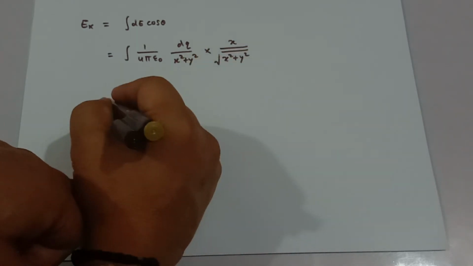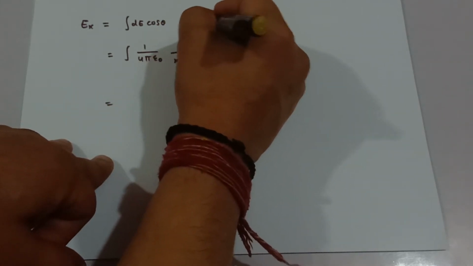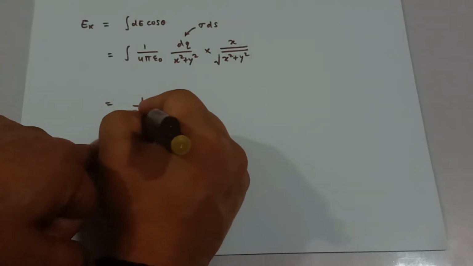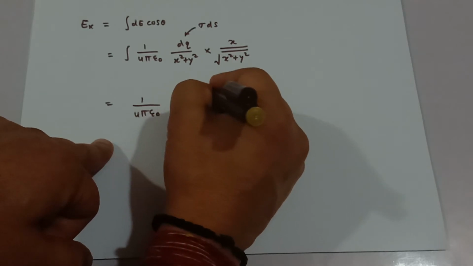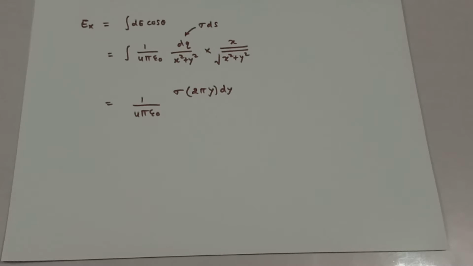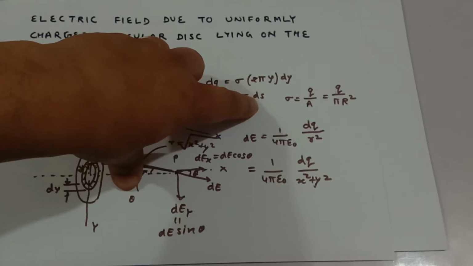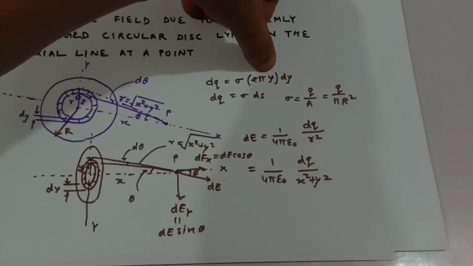So that would become, you can write this dq as sigma into ds, right? So that would be 1 upon 4 pi epsilon naught sigma into ds, and that was 2 pi y into dy. We already have calculated that ds was the small surface area of the strip of the ring of thickness dy, and that was 2 pi y into dy.